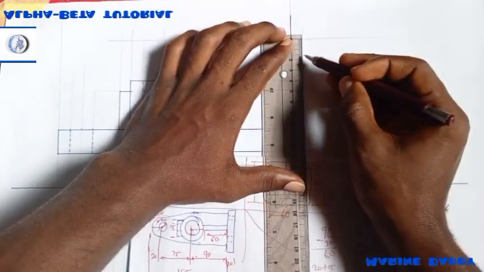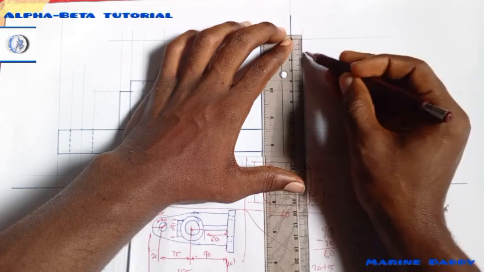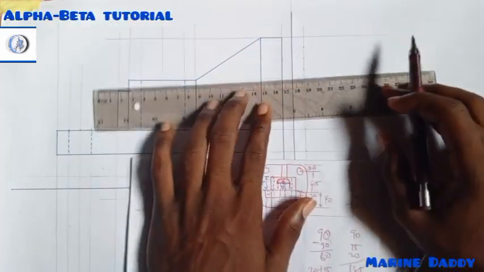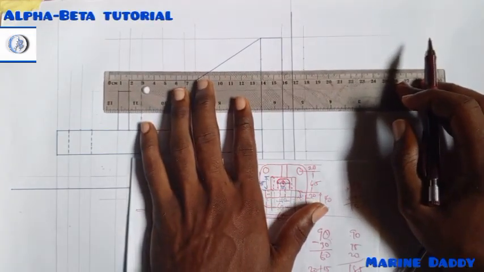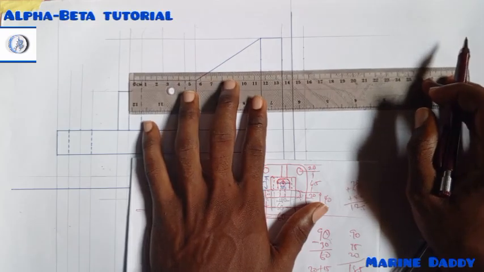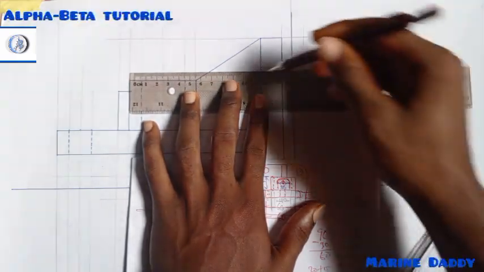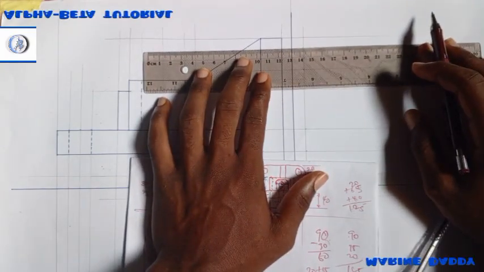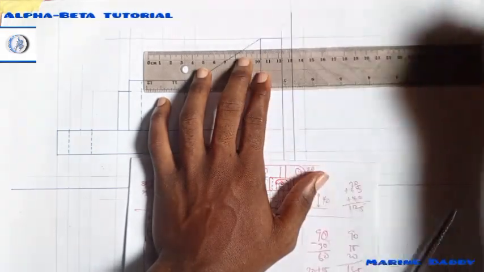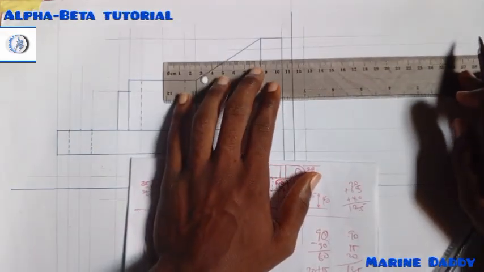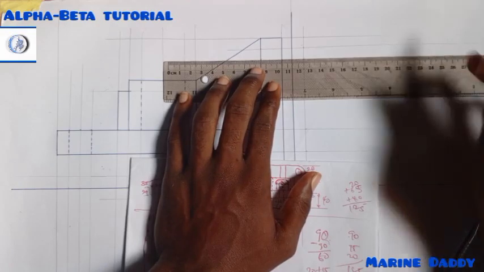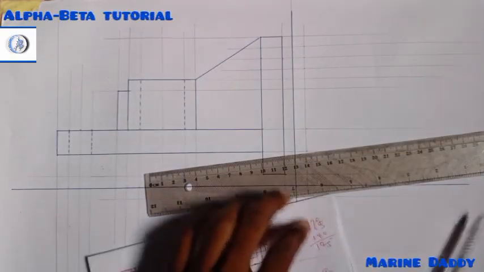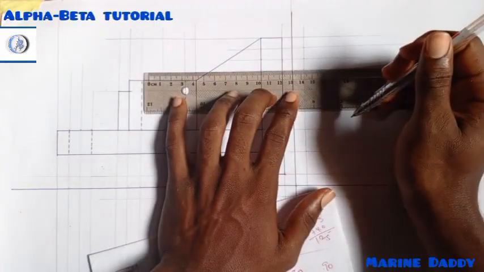Come to this side. 20, 10 up, 10 down. So this one I'll use thick line.